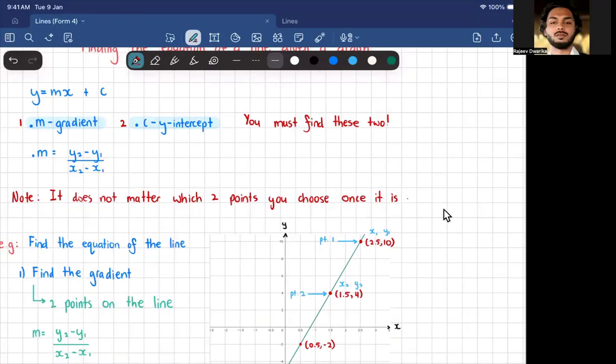Nice. It needs to be on the line. If it's not on the line, what are you really finding for? Because we're trying to find an equation of a line, so it has to be on the line.